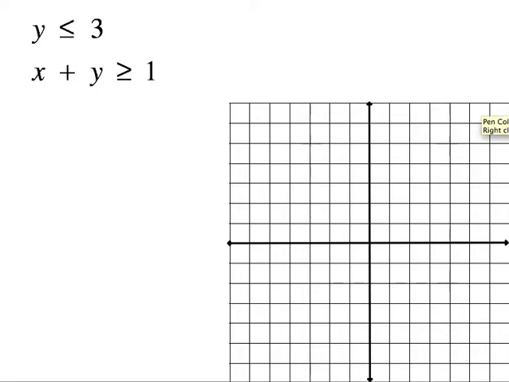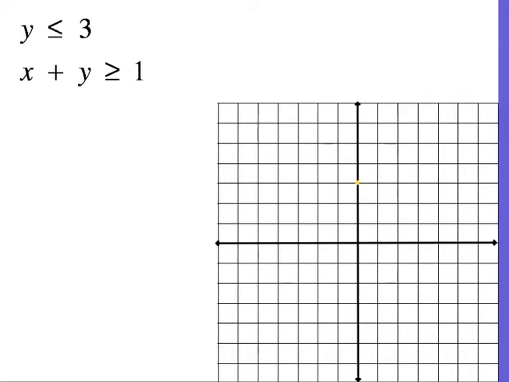y is less than or equal to 3. What type of line is y equals a number? Horizontal line. So it'll be a horizontal line at 3. Solid or dashed? Solid. Okay, so let's draw a horizontal line at 3.